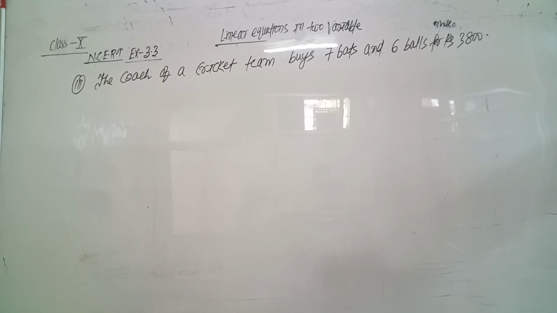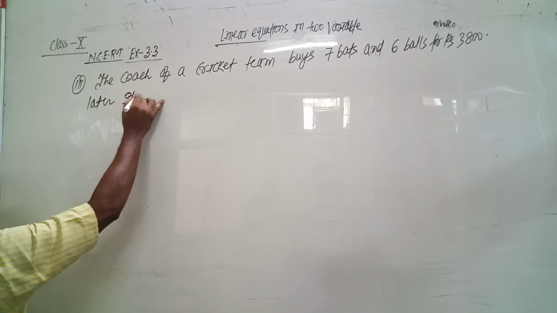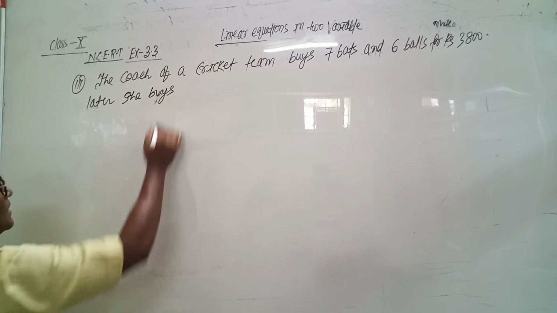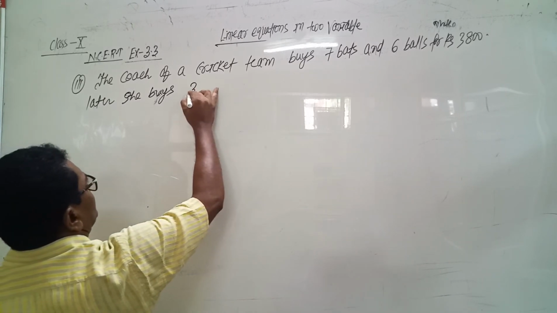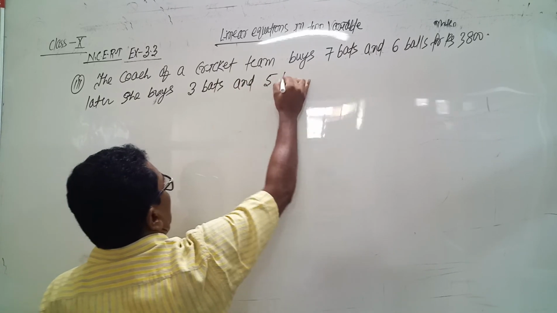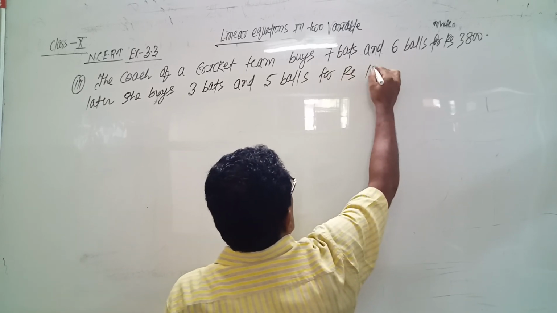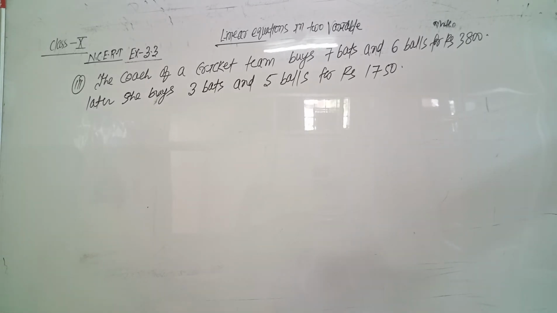and later, coach buys 3 bats and 5 balls for rupees 1750.